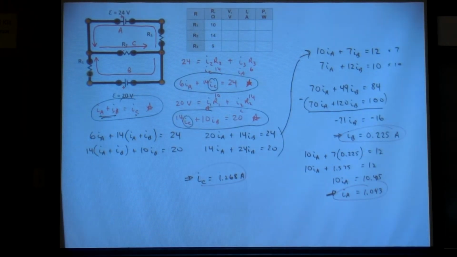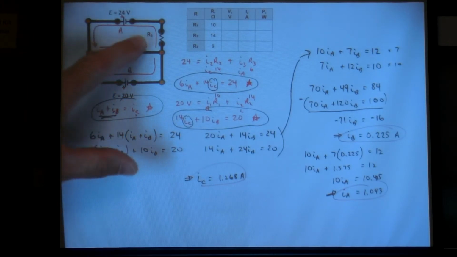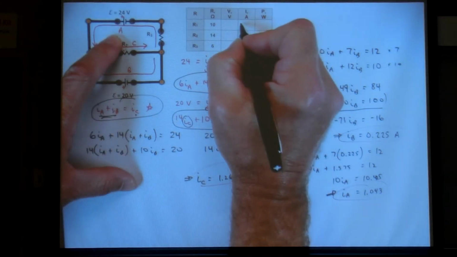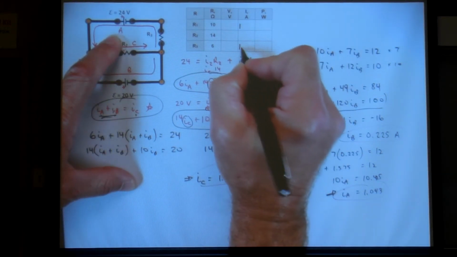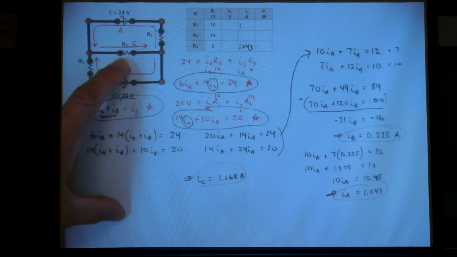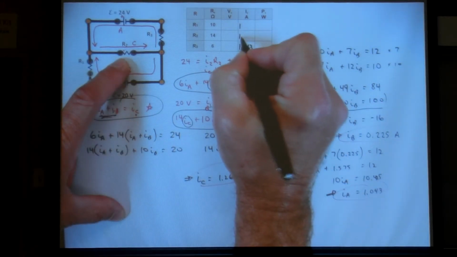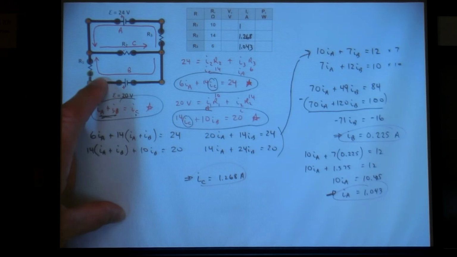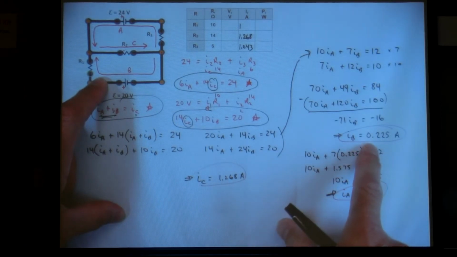So now we go up to our chart. The current through resistor 3 was current A. So that's 1.043. The current through resistor 2 was C, 1.268. And the current through resistor 1 was B, 0.225.